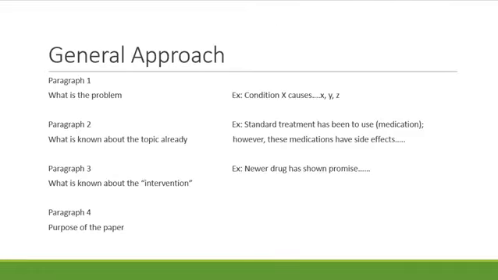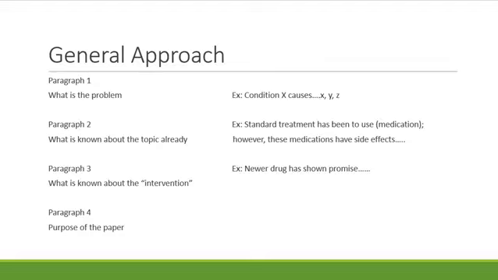Now, looking at a general approach here, keep in mind that I'm not asking you for major assignment 1 to have a 4-paragraph introduction section. It can be shorter. If you turn in something that's longer, that's fine. That's just work that's helping you prepare for your different dissertation drafts.